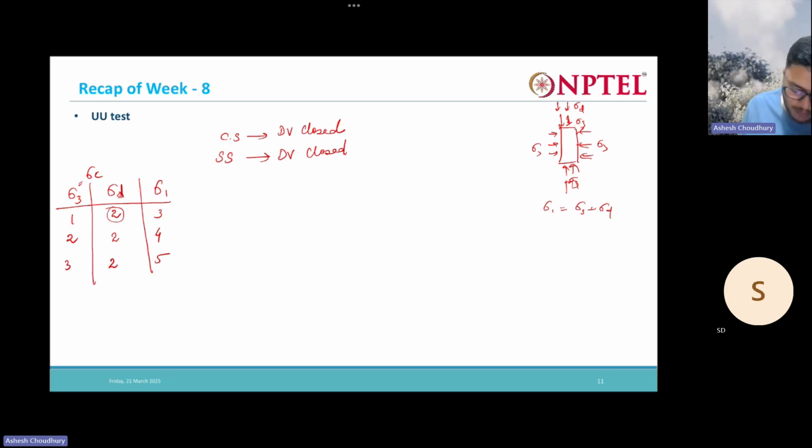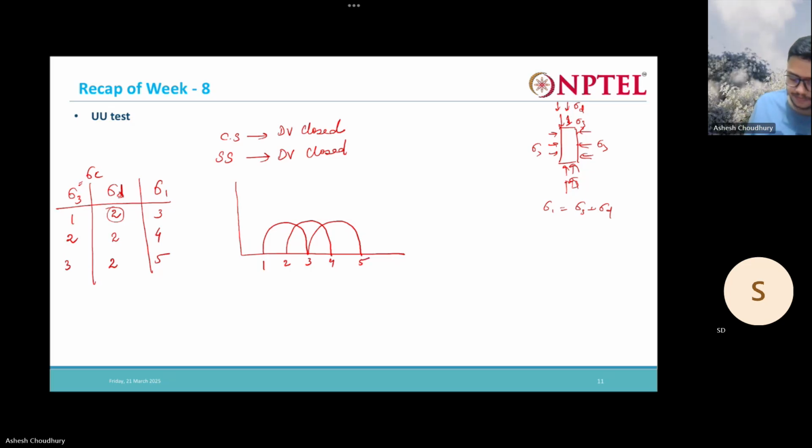If you want to plot the Mohr circles, for the first one sigma 1 is 3 and sigma 3 is 1, and the circle will be something like this. For the second one, the diameter of the circle remains the same. This is 4, this is 2. Then the next one is something like this.